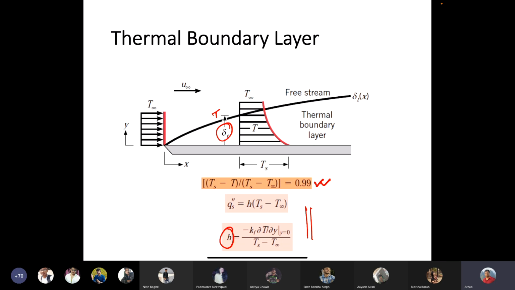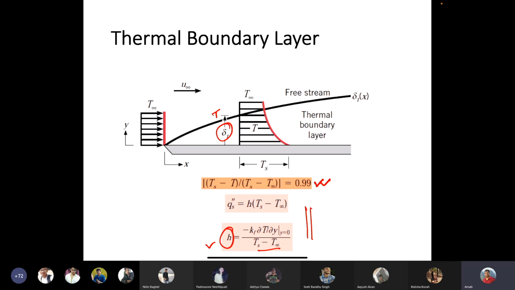Fine. So from these expressions we reached till this step. Now here the temperature gradient near the wall determines this value of h, because this Ts minus T infinity is basically a constant value.